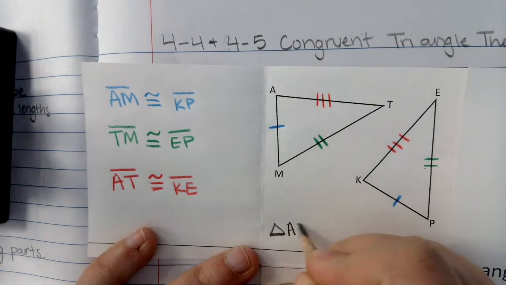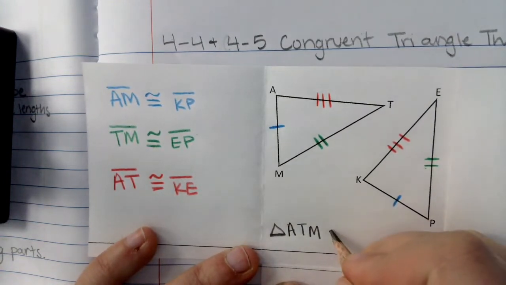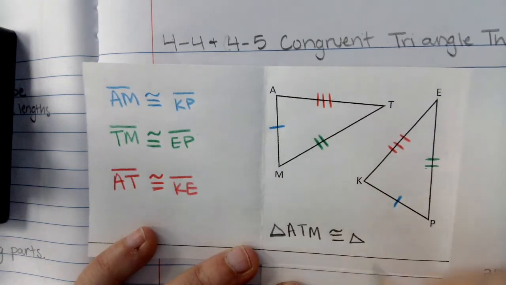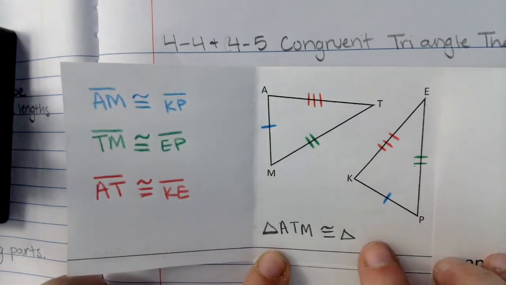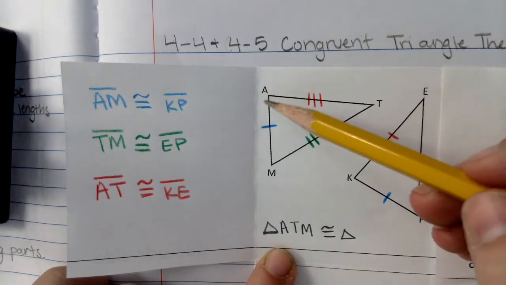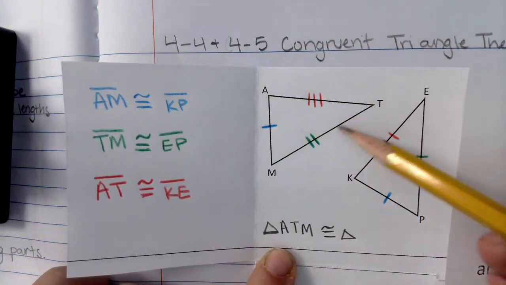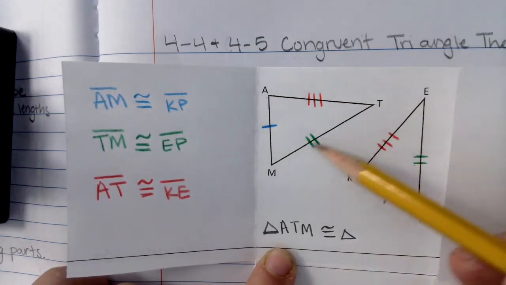Now when we do the second triangle, when we write that congruent symbol, that's where we need to make sure it's lining up. This one's going to be really important. So for the second part, we're going to follow how we worked through this. So we did ATM. So we did our red, green, and then at the end would be the blue. So we did the 3 tick marks, 2 tick marks, 1 tick mark. So where do I need to start with over here?